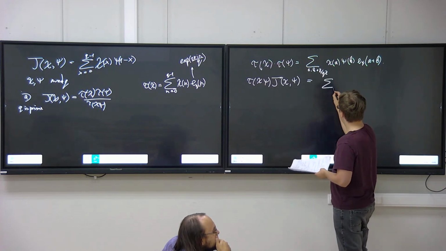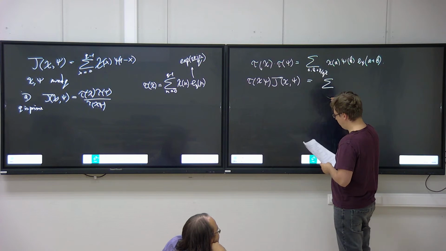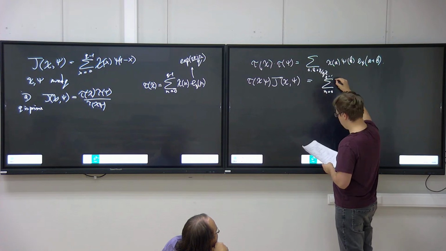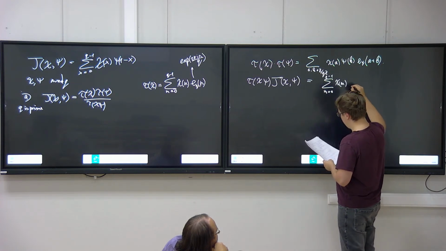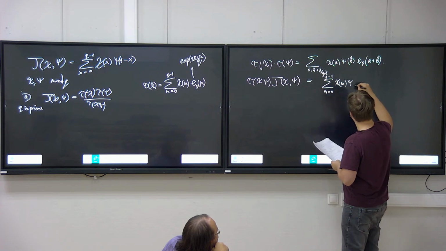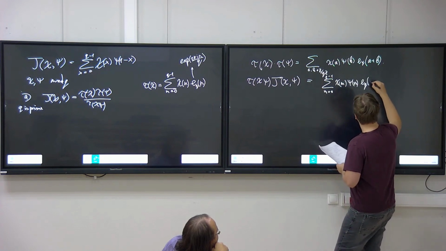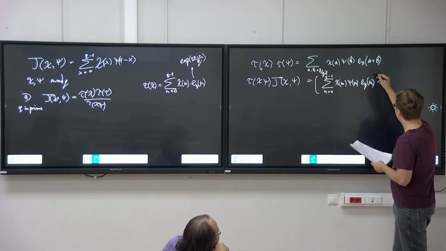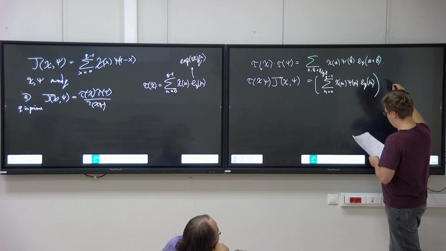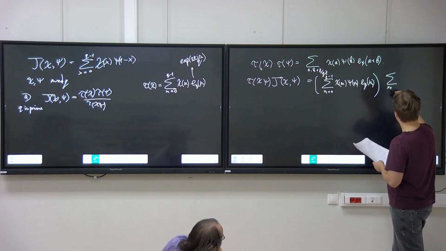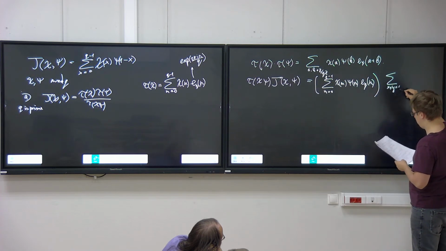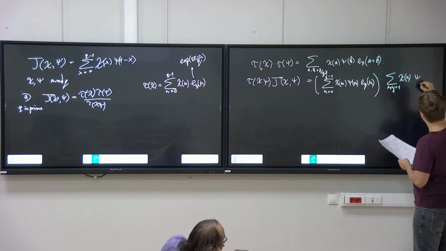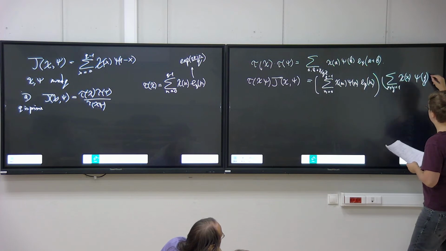Here it will be interesting: the sum over m from 0 up to q minus 1 of chi of m, psi of m, e of m over q, multiplied by the sum over x plus y equal to 1 of chi of x, psi of y.